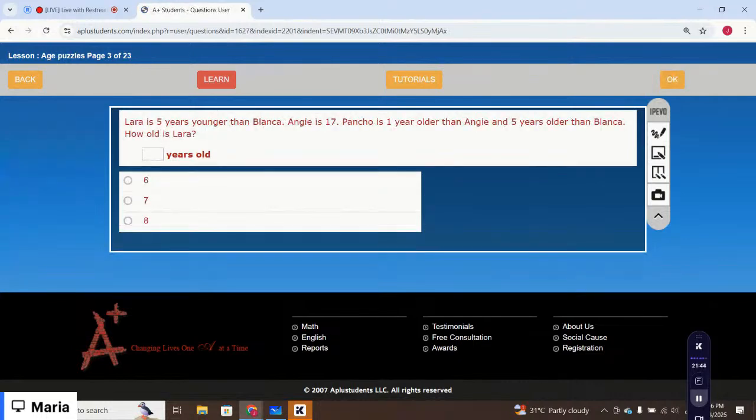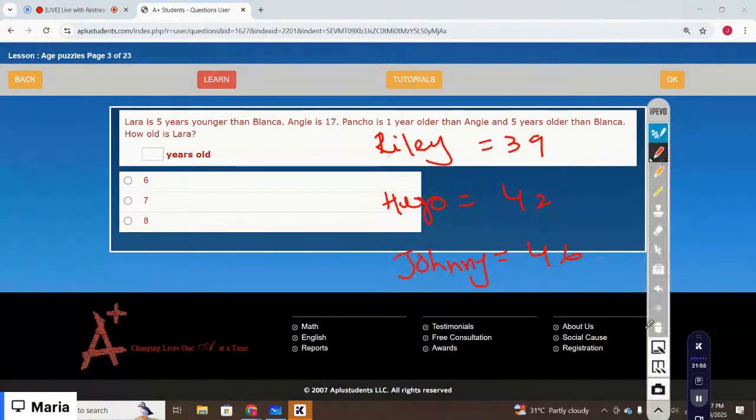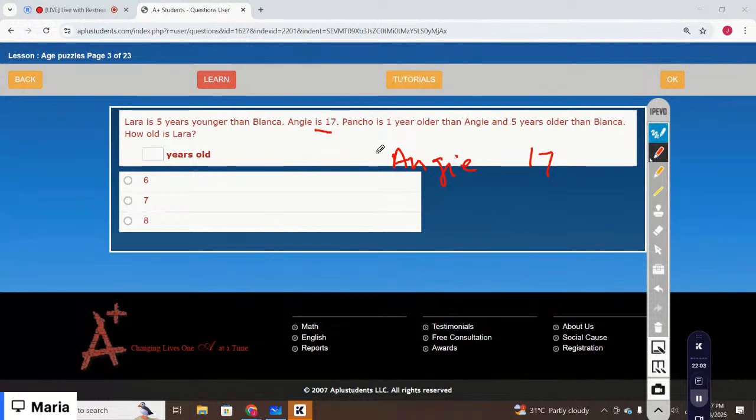Lara is 5 years younger than Blanca. NG is 17. Pancho is 1 year older than NG and 5 years older than Blanca. How old is Lara? You need to calculate the age of Lara. Start with NG's age. NG is 17. Pancho is 1 year older than NG.